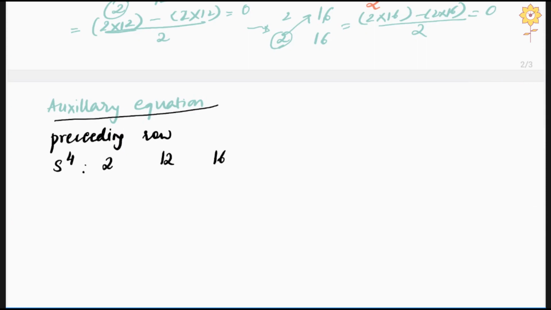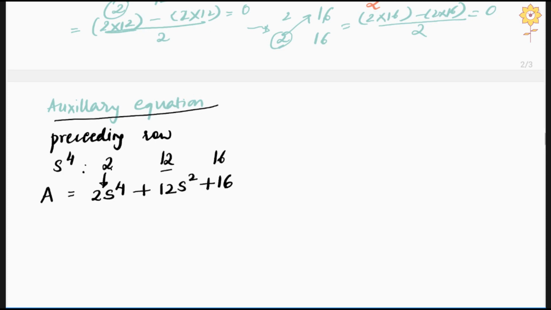Okay. So, we will write the auxiliary equation by A. So, A is equal to 2 into S raised to 4 plus 12 S raised to 2 plus 16.